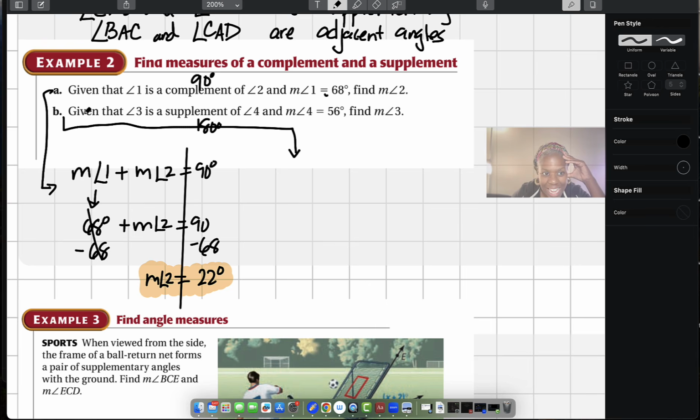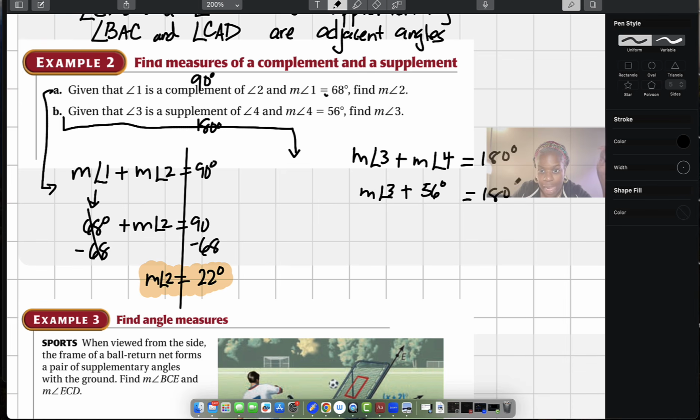Similarly for this one, except we're talking about supplementary, which is 180 degrees, we need to recognize that given the measure of angle 3 and 4 are supplementary, it means that the measure of angle 3 plus the measure of angle 4 have to add up to 180 degrees. Let's treat this problem the way we treated the last one by substituting in what we know. We're looking for the measure of angle 3, but we do know the measure of angle 4, which is 56 degrees. They both should still add up to 180.